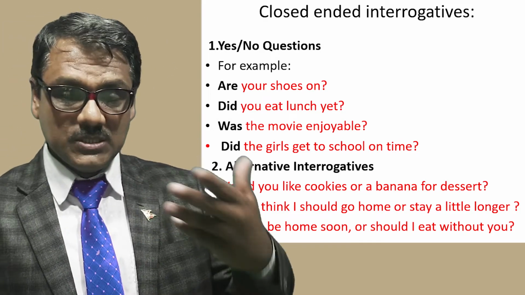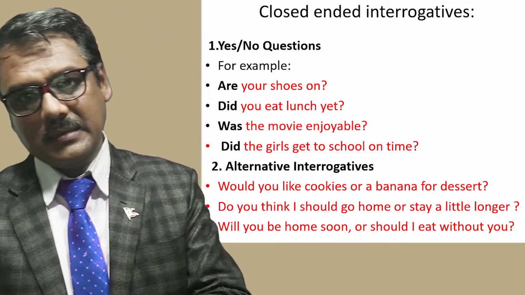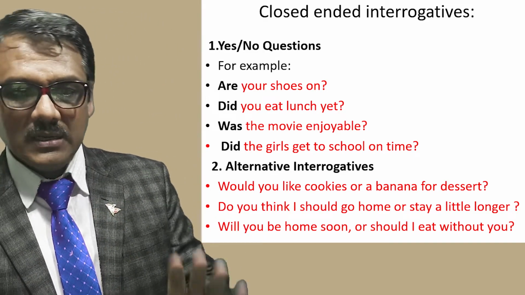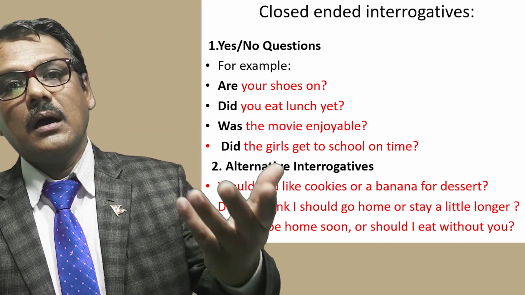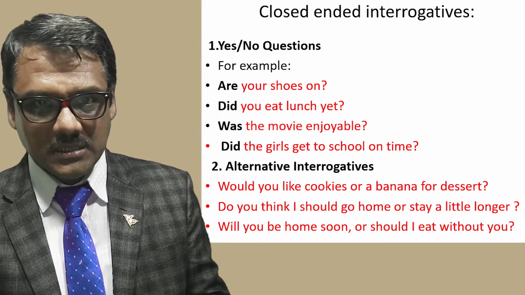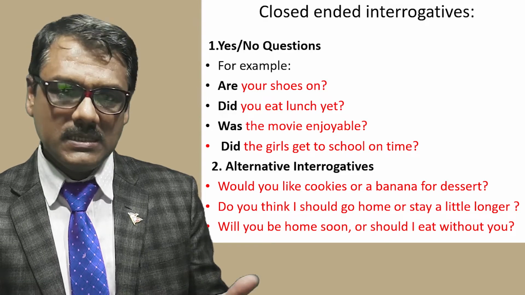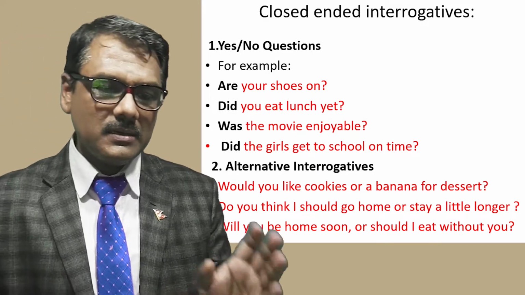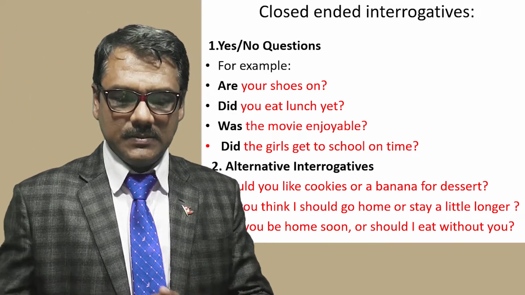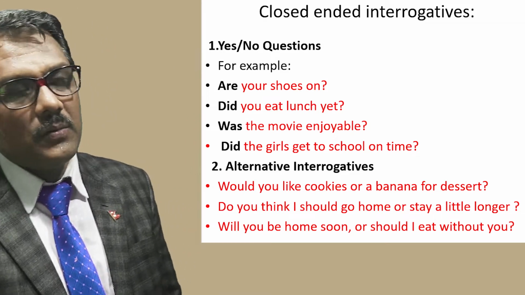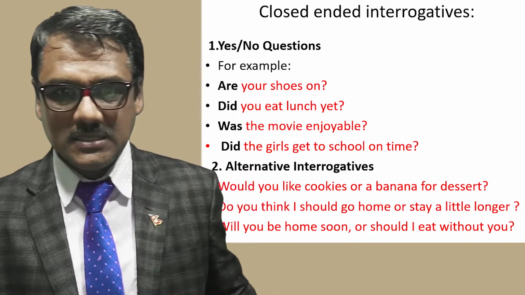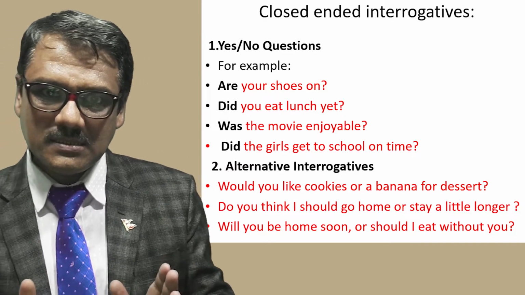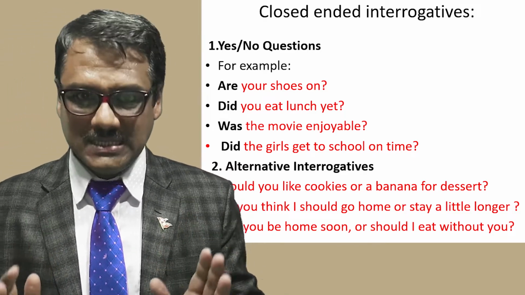So there is a choice. Which one do you like? These are very much similar to yes/no questions, but there is a choice, so they are called alternative interrogatives. Okay, so now we have finished with two types of sentences, assertive sentences and interrogatives, right?